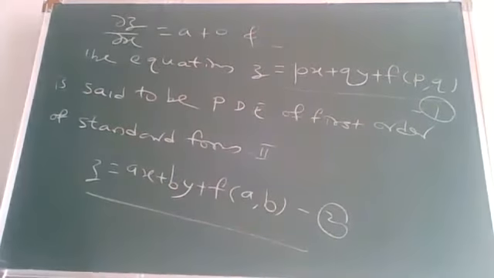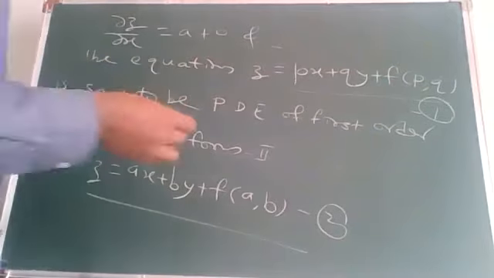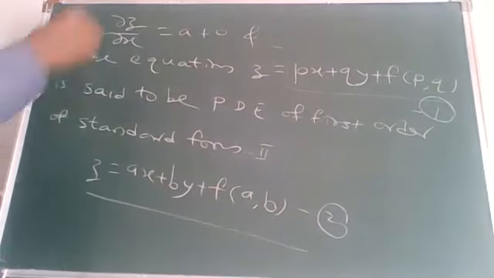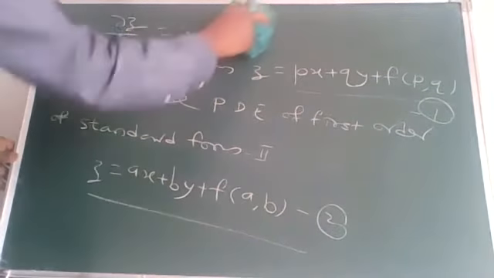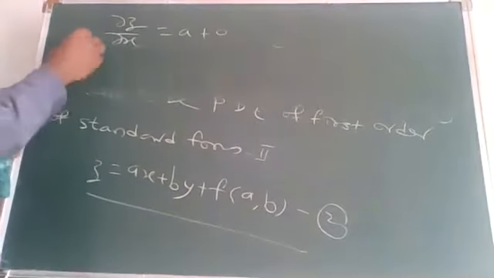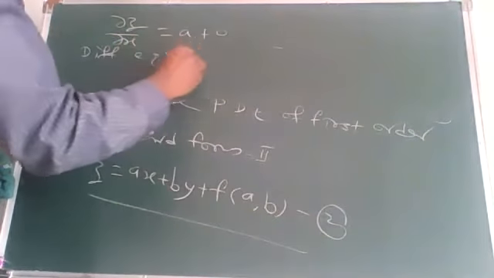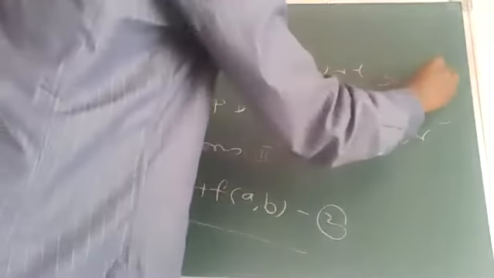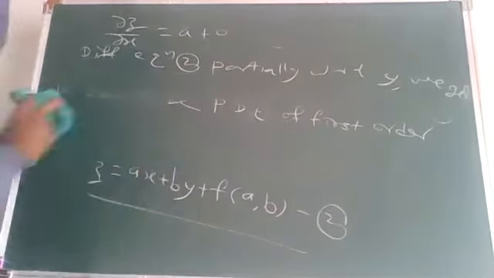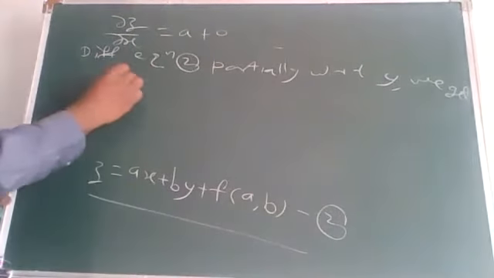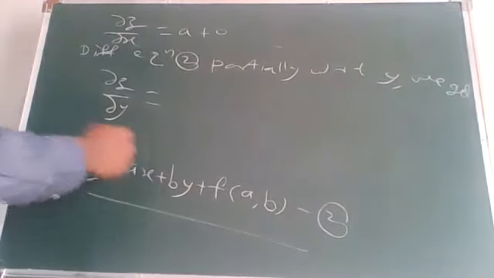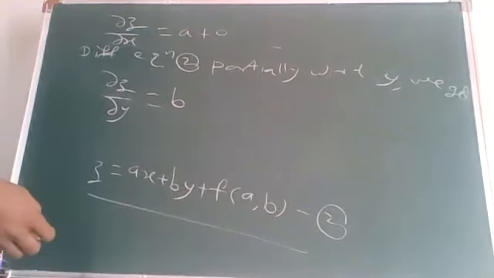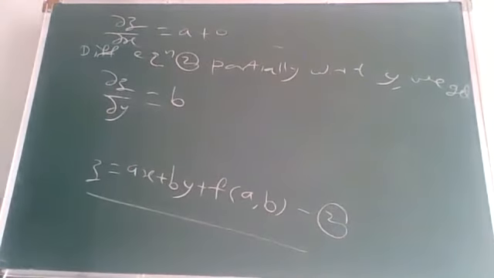And taking the derivative of equation 2 partially with respect to y, we get dou z by dou y on the LHS, and on the RHS, the derivative of ax with respect to y is 0, the derivative of b into y is b, and f of ab is independent of y, so its derivative is 0 whenever we take the derivative with respect to y partially.